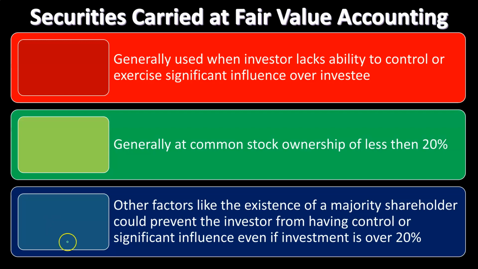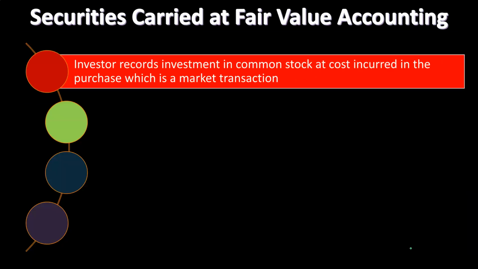So you can see why that 20% is a little bit arbitrary in that situation. That's one very clear situation where the 20% might not get you to an influential position, because the normal assumption is nobody else has a controlling interest, like over 51%, and 20% is normally pretty good if you're voting. But if someone has 51%, your 20% is not very influential in a voting situation against that.